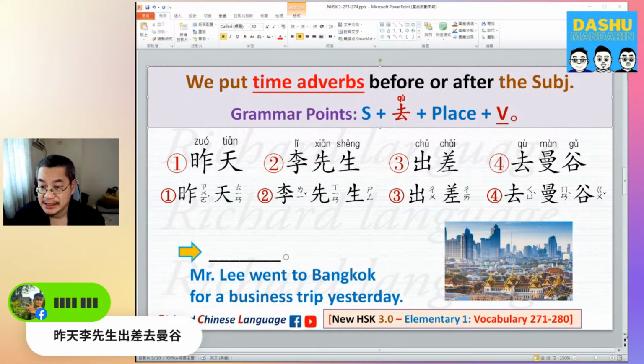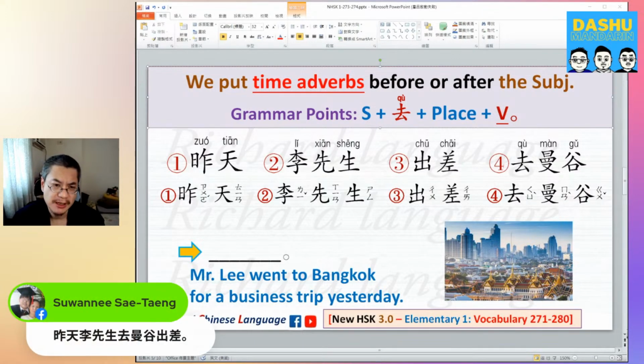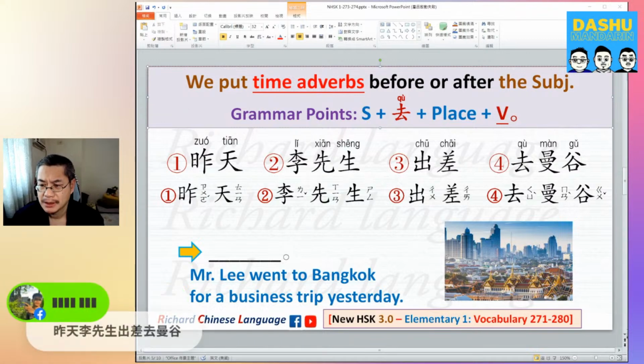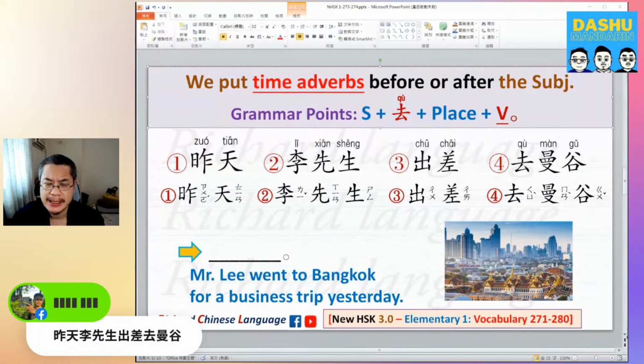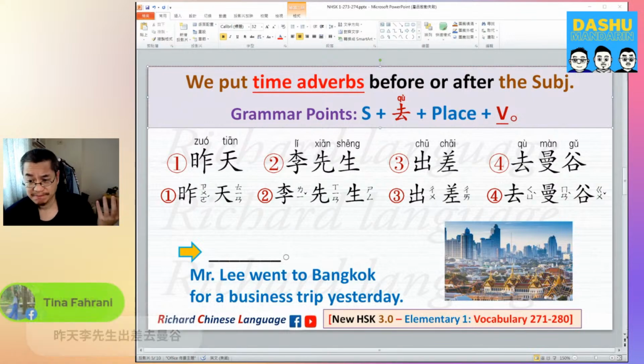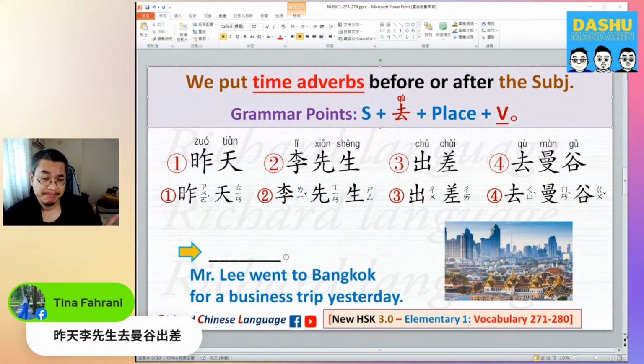昨天李先生出差去曼谷. 去曼谷出差 sounds better. This is quite understandable, of course, but this sentence is much better. This is much more authentic in Chinese. 去 a place plus another verb. 李先生昨天去曼谷出差.